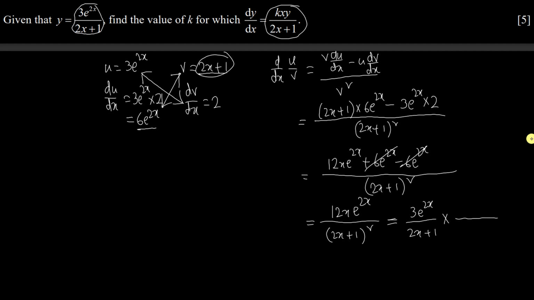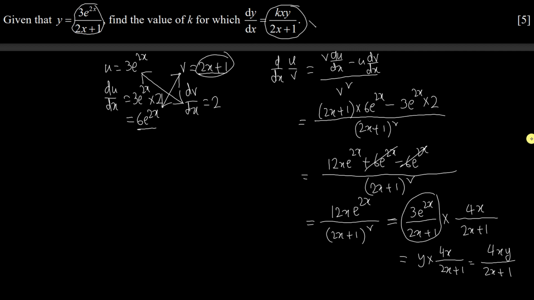If we take 3 common, then 4 is remaining here, and the x remains here, and the bottom is another 2x plus 1. So we can replace this part with y into 4x by 2x plus 1. So finally from there we can write 4xy divided by 2x plus 1.